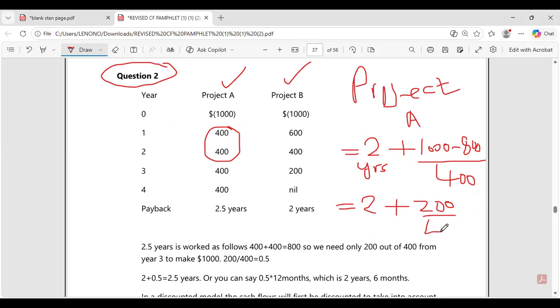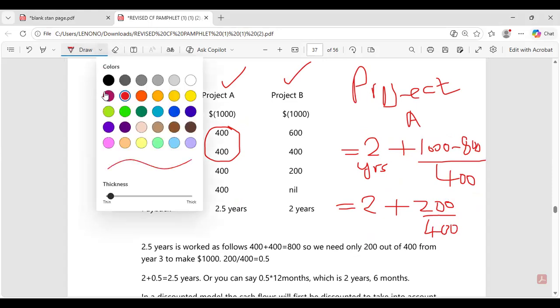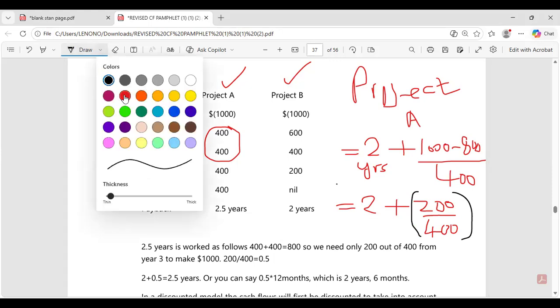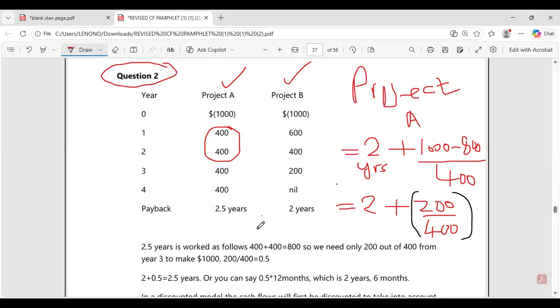So what are we getting now as payback? Simplify this one first. So what's the payback now? It will be 2.5 years. So the payback will give us 2.5 years.